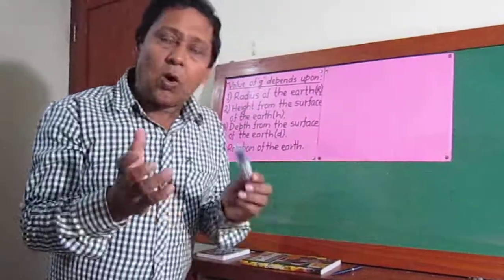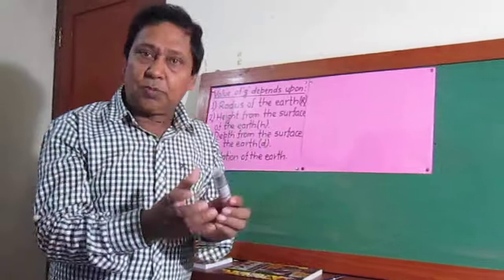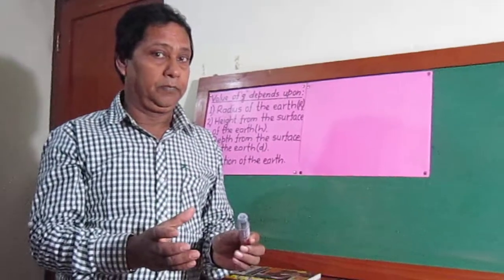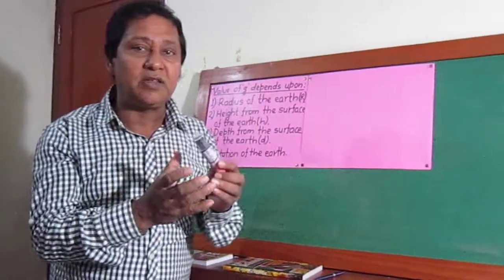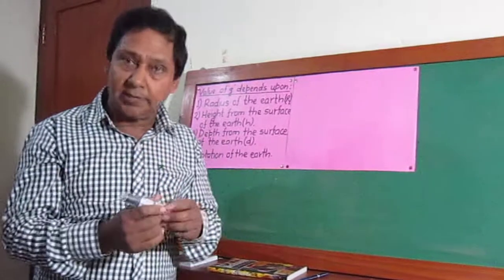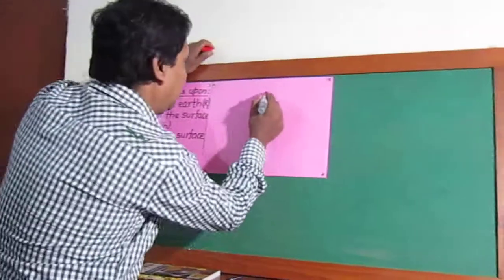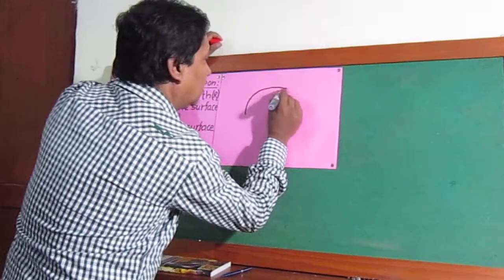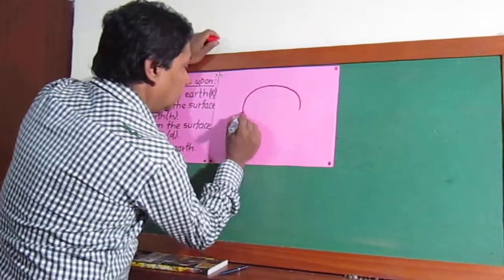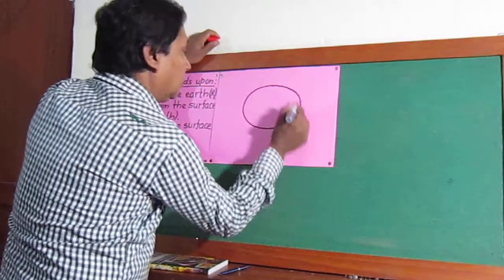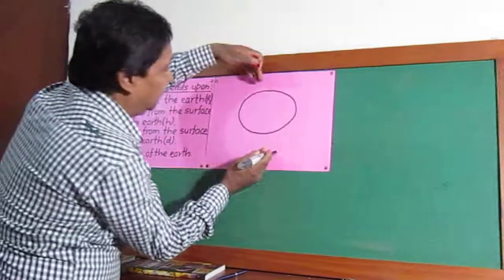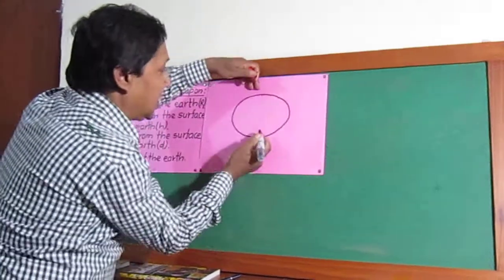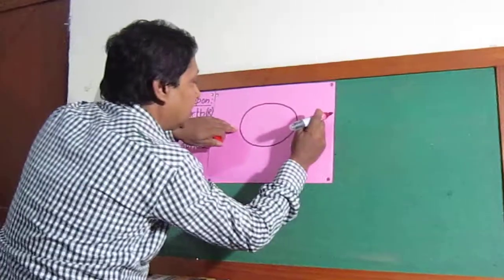Do you know that earth is not a perfect sphere like a ball? It is somewhat flattened at the pole and bulges at the equator, like this. It is flattened at the pole, this north pole, this south pole, and bulges at the equator.